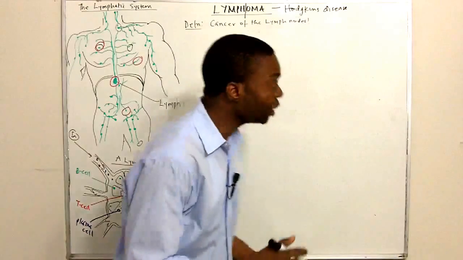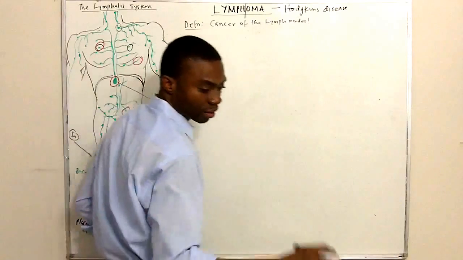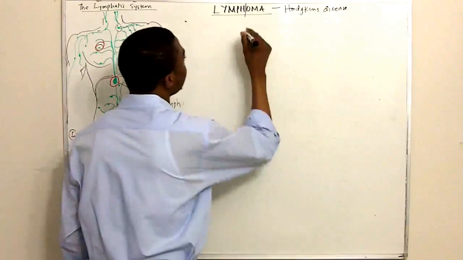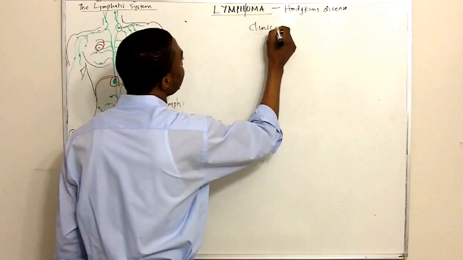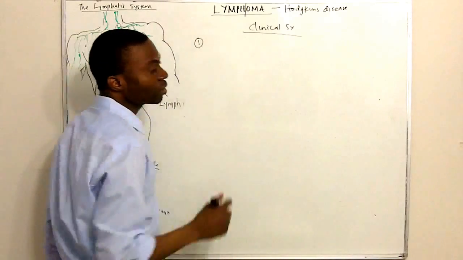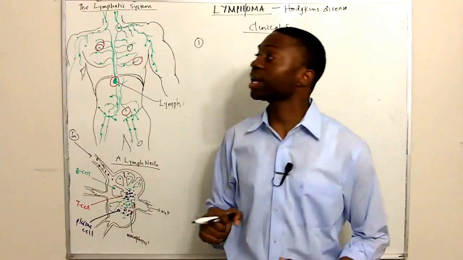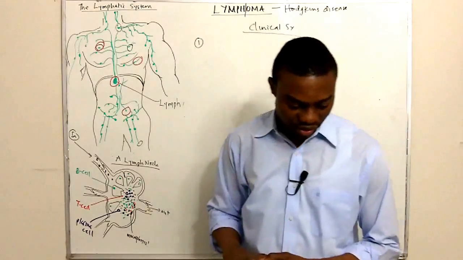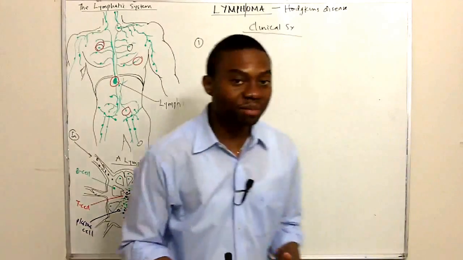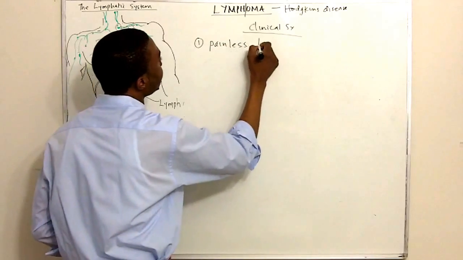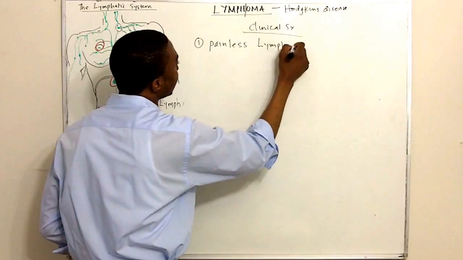So let's talk about the clinical features. What do they present with clinically? Remember I said they have no symptoms. Well, what did I tell you at the beginning of the lecture? Anything that affects the lymph nodes makes them swollen. It's known as lymphadenopathy. So the most common symptom is a painless lymphadenopathy.